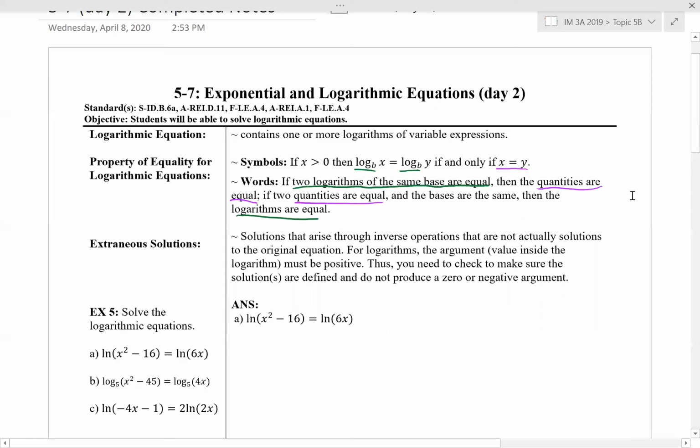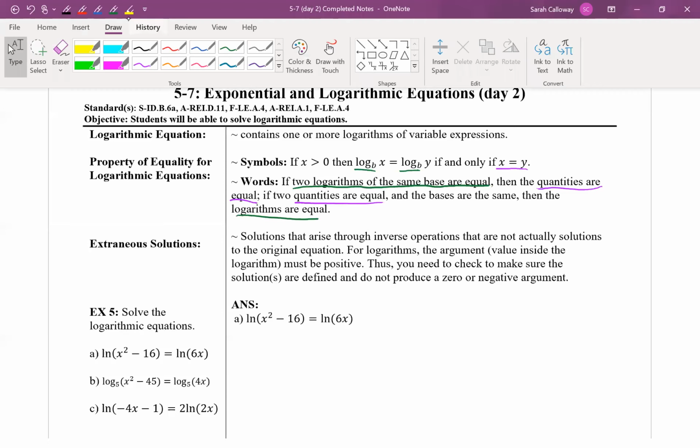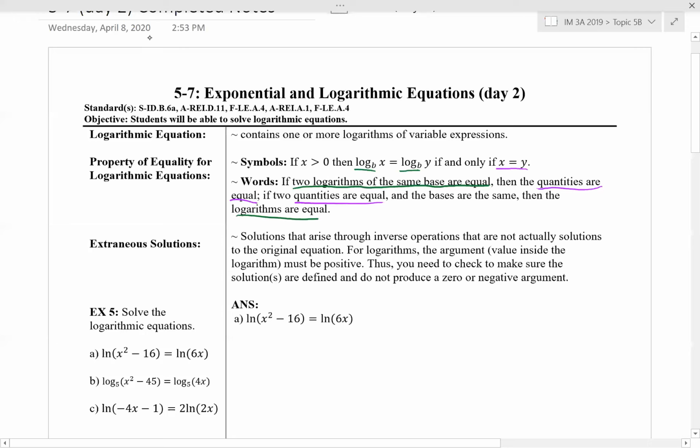One thing that we have to be careful with in this lesson is extraneous solutions. Remember that extraneous solutions are solutions that arise through inverse operations that are not actually solutions to the original equation. For logarithms, the argument, which is the value inside the logarithm, must be positive. So if I'm checking my answer, I need to have log of a positive number.